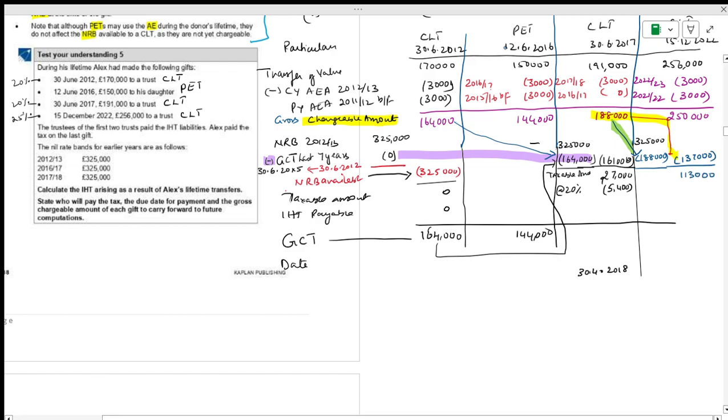Okay, this is the taxable amount. How much tax do you have to pay? 25%. Is it right? Tell me, where is the doubt?